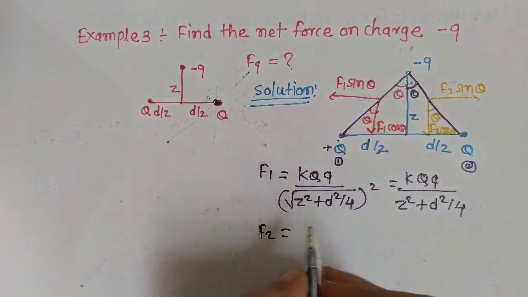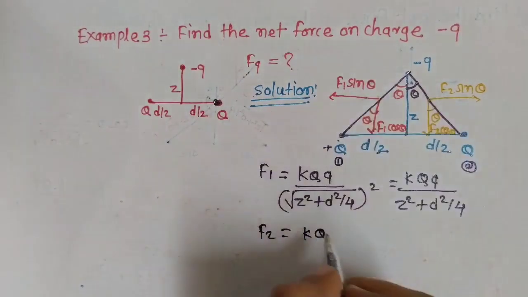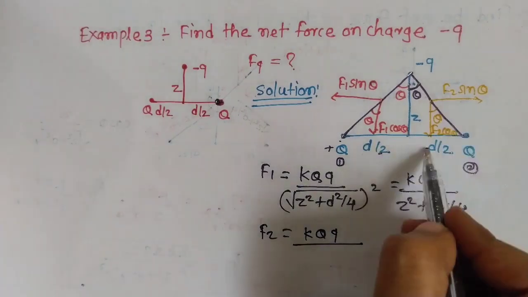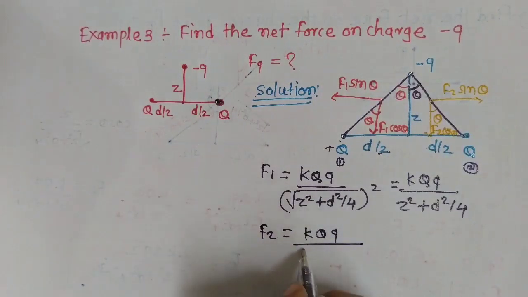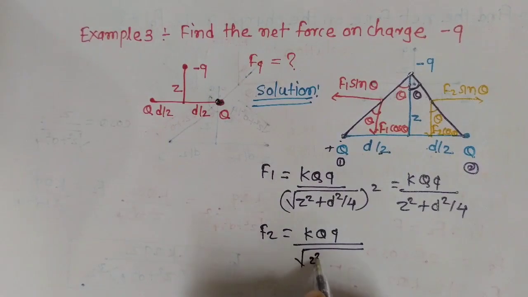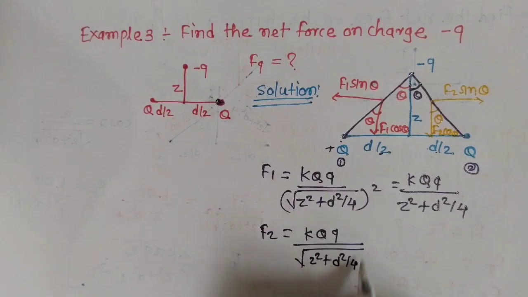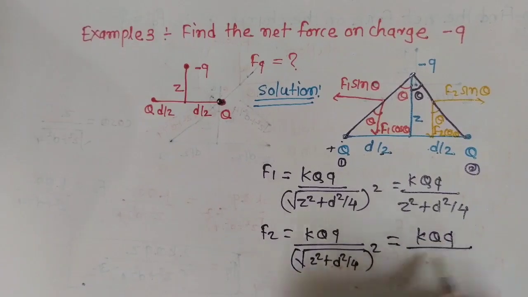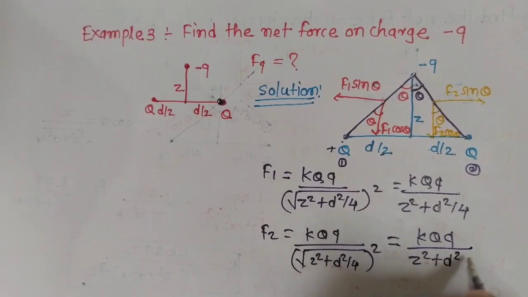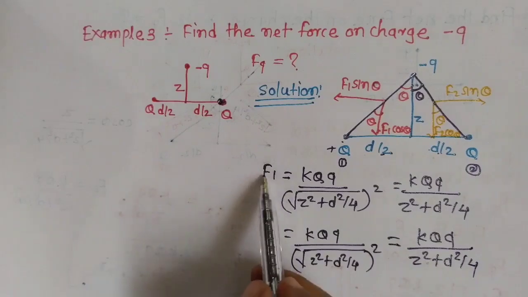F2 is equal to kQq upon the distance squared. This side is d by 2, this is z, therefore the distance is under root z square plus d square by 4, and its square is z square plus d square by 4.